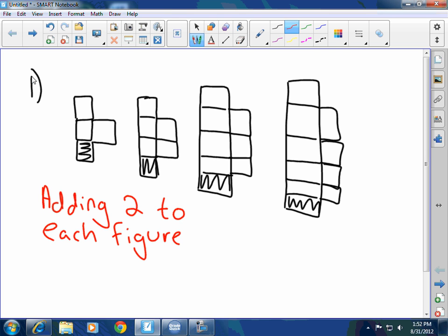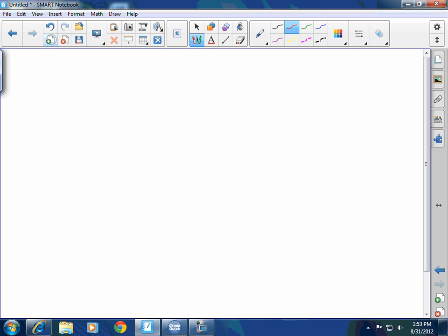Well, 10 plus 2 more, the next figure would have an extra space here and an extra square there, and it would have 12 tiles. Okay. Hope you understand that. Remember, most of you got the sketch the figure correct, but you did not read and you did not describe the pattern.